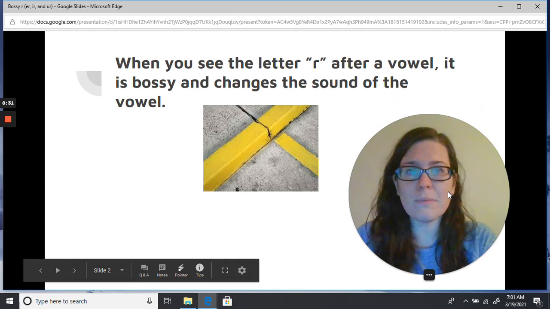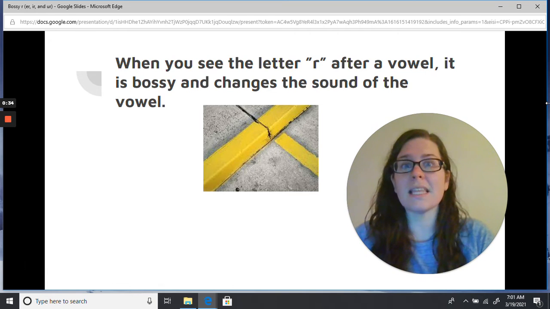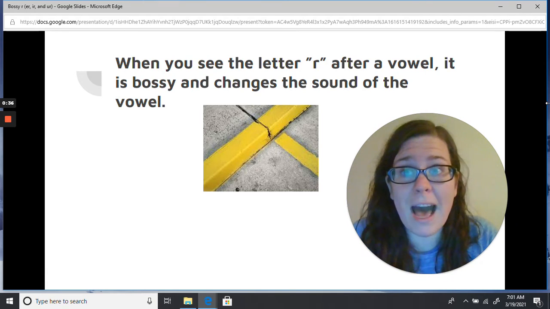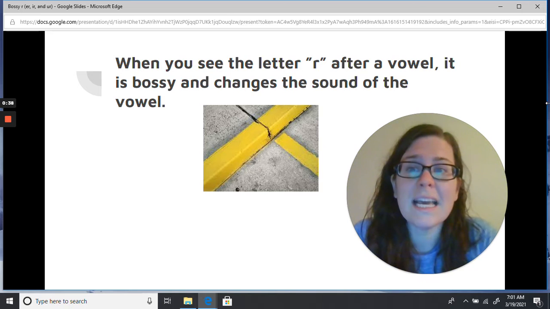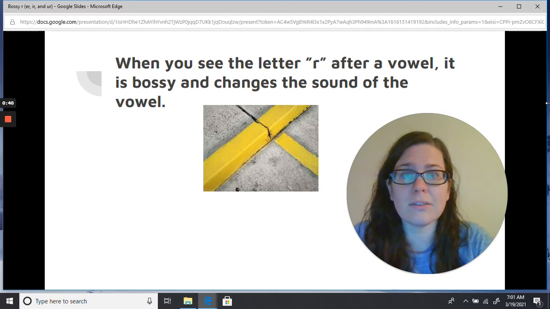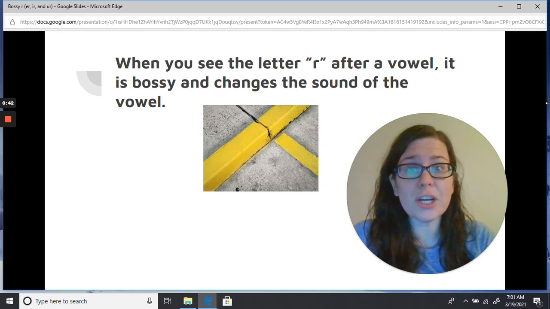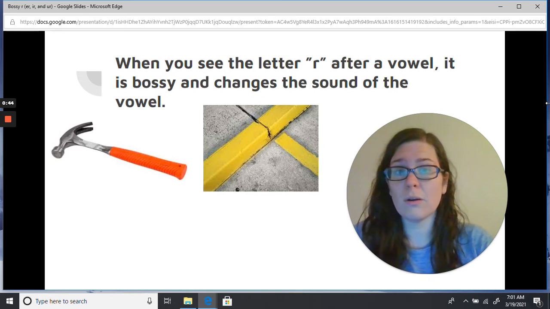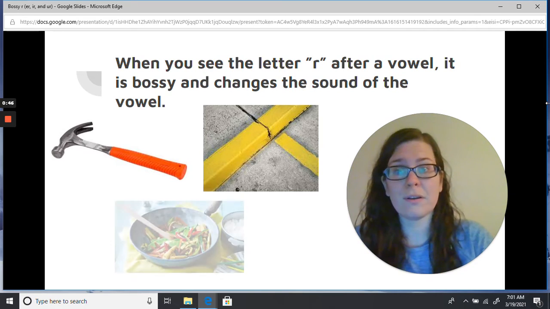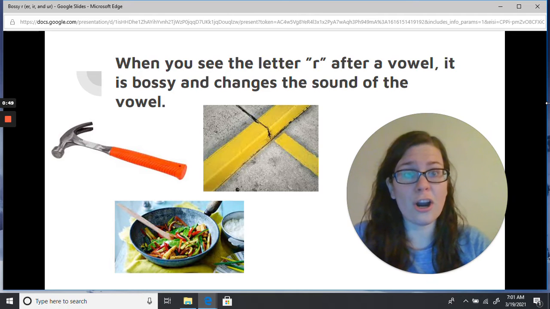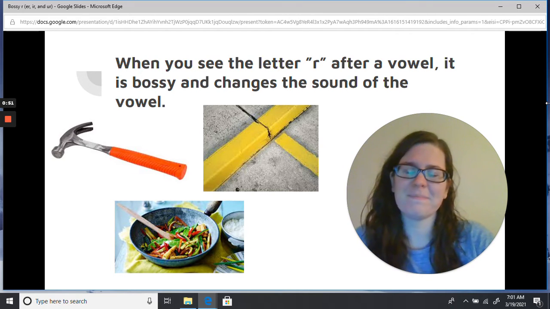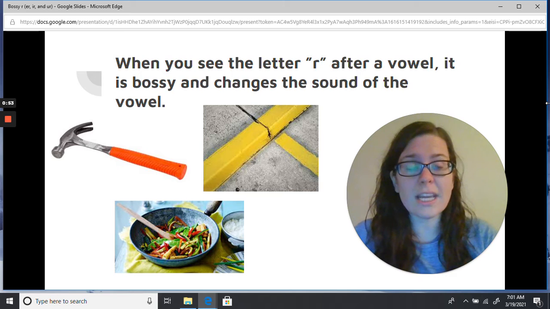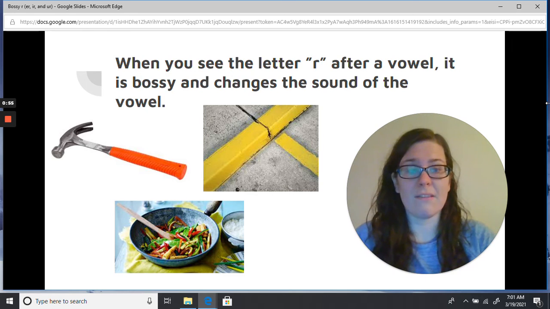So just as a reminder, when you see the letter R after a vowel, it is bossy and it changes the sound of the vowel. Like in the word curb or hammer or stir, as in that stir fry. So R changes the sound of the vowel.